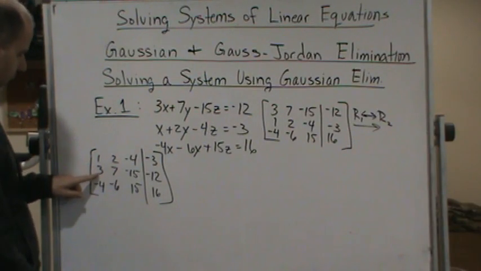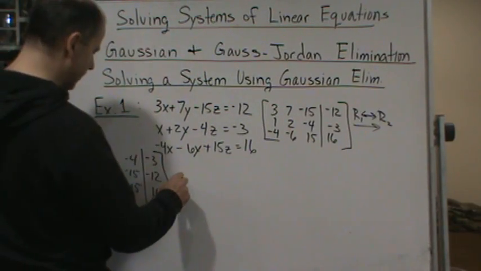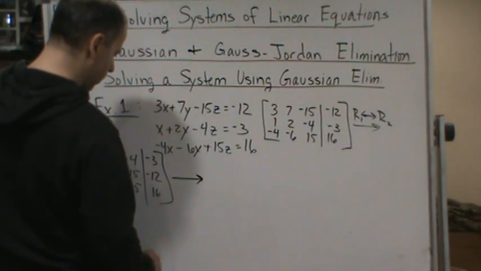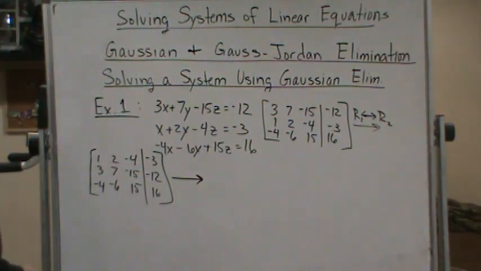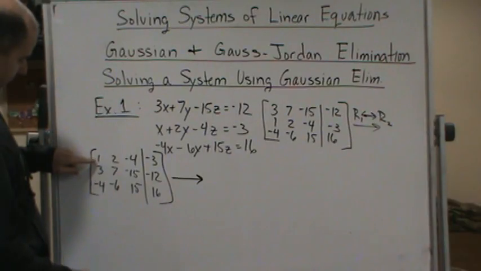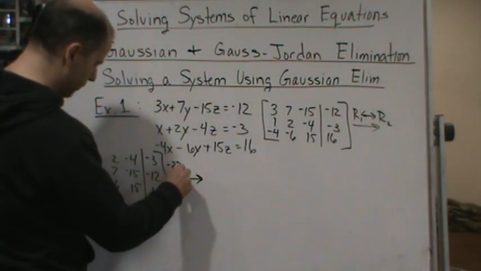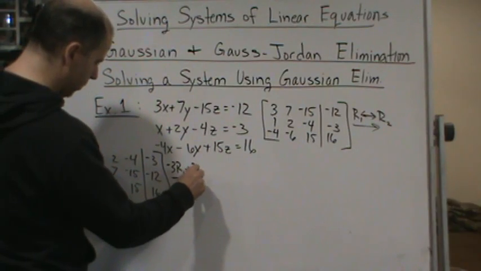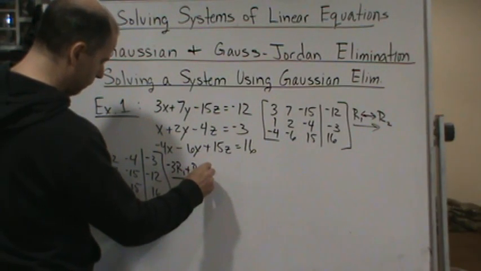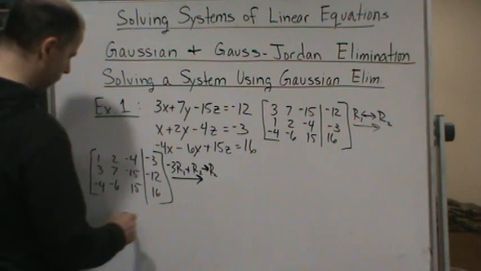So how are we going to get rid of the 3? Well, we're going to take a multiple of one row and add it to another row. So we're going to take negative 3 times row 1 and add it to row 2, and then replace row 2.